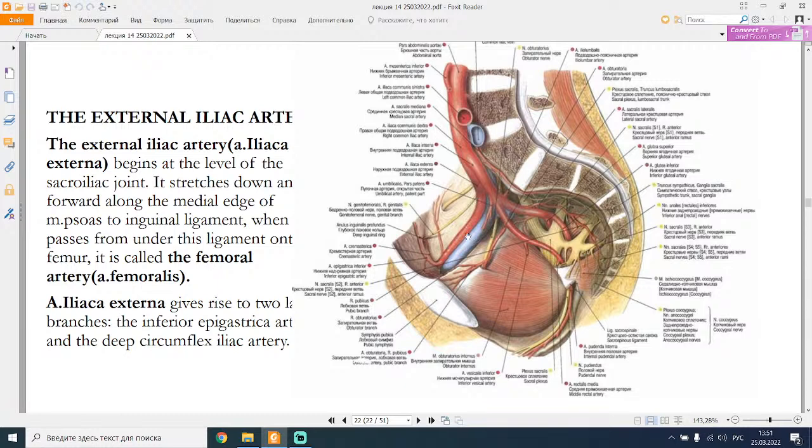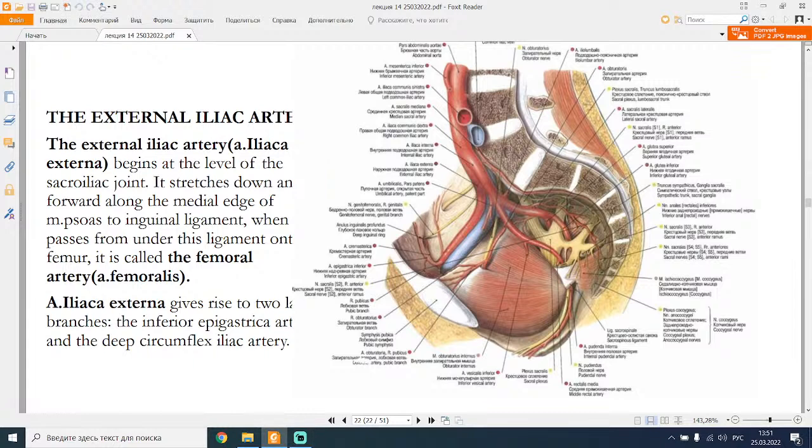It stretches down and forward along the medial edge of the musculus psoas to the inguinal ligament. When it passes from under this ligament onto the thigh, it is called the femoral artery.